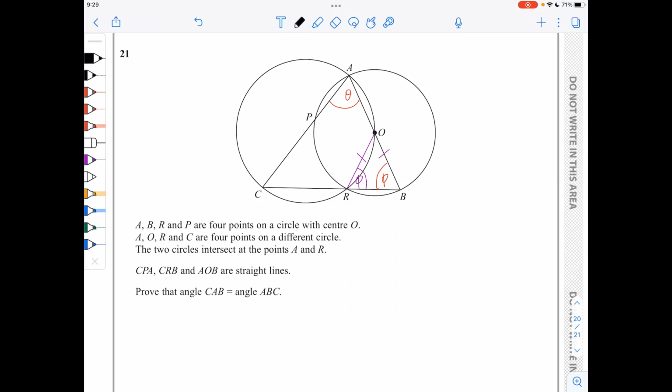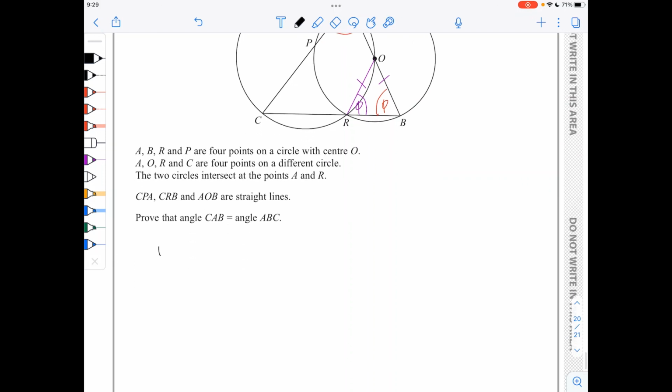It's a prove that question, so even though no reasons are asked for explicitly, we still need to provide them. So ORB is equal to phi, angles at the base of an isosceles triangle are equal.